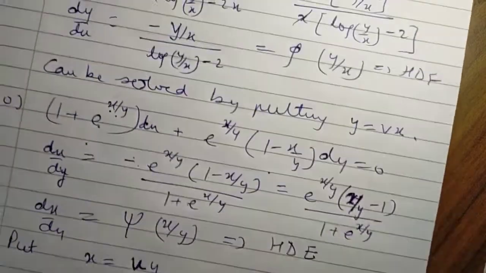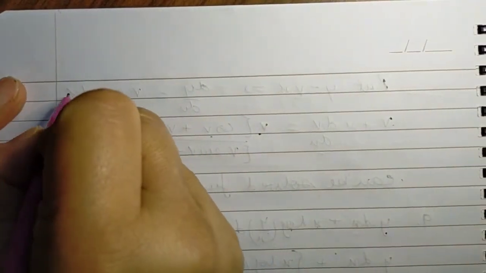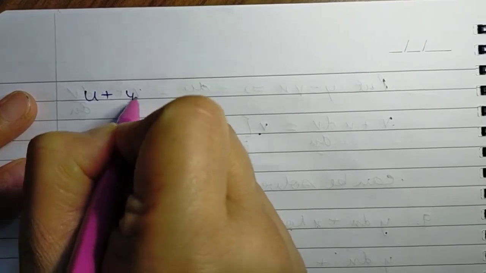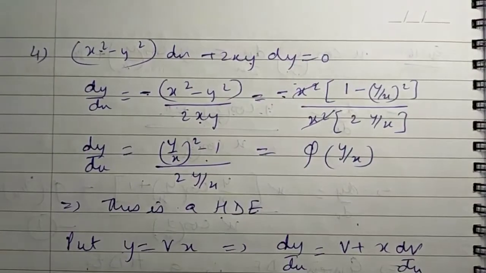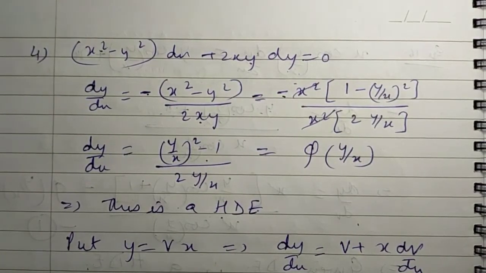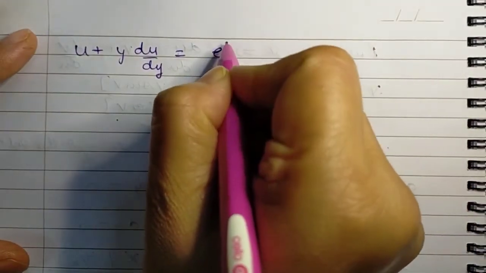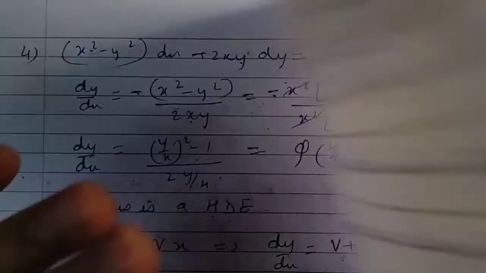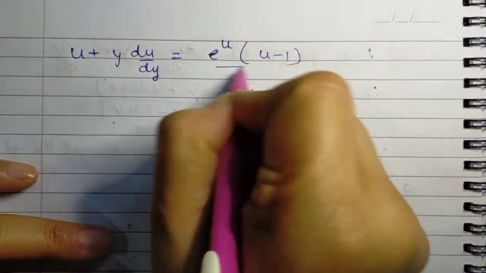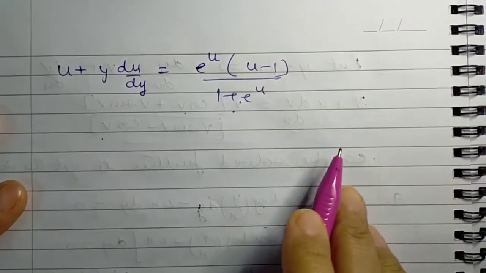Substituting these two things, in place of dx by dy, we will be writing u plus y du by dy is equal to, then we have the right hand side, which is e raised power x by y. So e raised power x by y will be e raised power u times x by y minus 1, that is u minus 1, whole upon 1 plus e raised power of u. So this is what we have got.